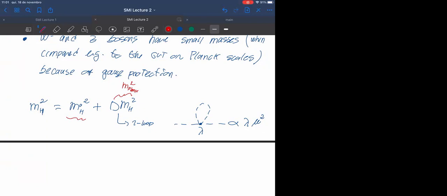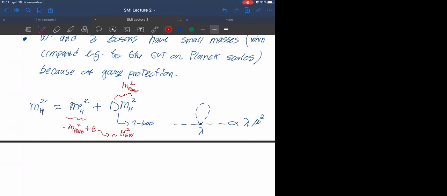What happens is that the tree level mass has to be minus m Planck squared plus some epsilon, with epsilon of the order of the electroweak scale. W, top, Z, doesn't matter. So you see what's happening here, and these are squared quantities. In fact, let me make the dimensions here. So this is the squared electroweak scale. I will write here electroweak scale.